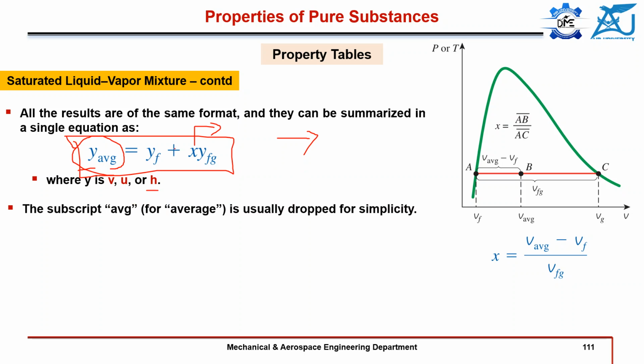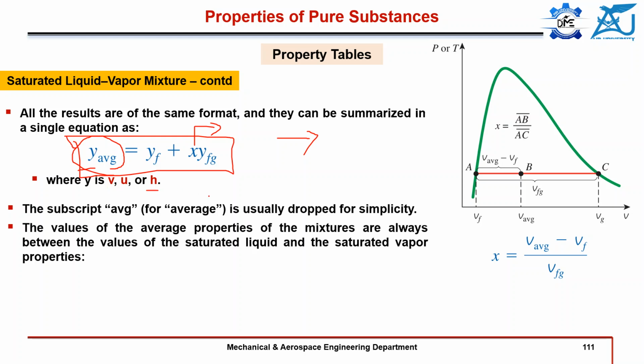Normally we avoid the word average, we just use the word y, meaning we are finding out v, u or h. The values of average properties of the mixture are always between the values of saturated liquid and saturated vapor. Remember this too.